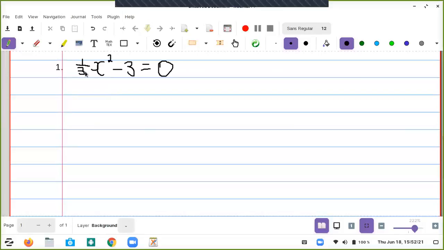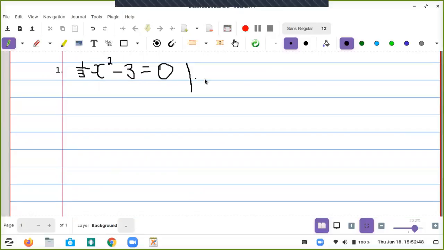Now, my LCD comes from the denominator. So it's denominator 3 here, and here it's a whole number, which means the denominator is 1. So the LCD for 3 and 1. Remember I'm saying I must first of all find the LCD. What is my LCD there?